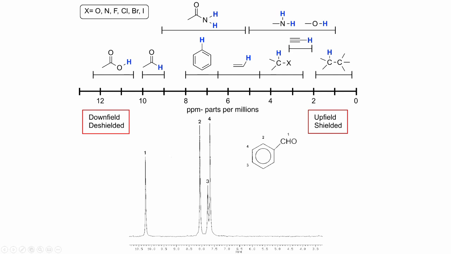Remember, for an NMR, we're checking the different types of hydrogens on our molecule. If we look at benzaldehyde right here, there are four different types of hydrogens: one connected to the aldehyde, the two here that are closest to the aldehyde, the two here that are slightly further away, and then the one here that is the farthest.